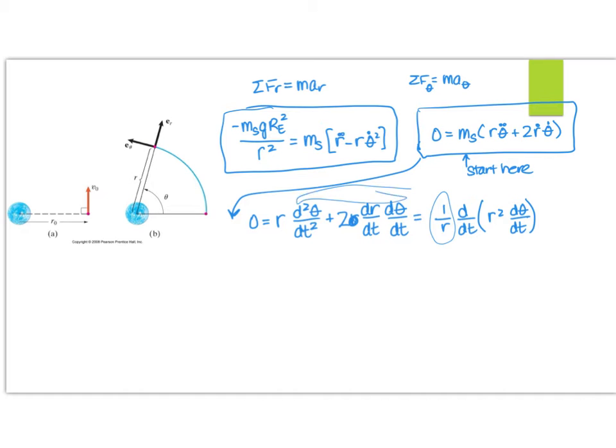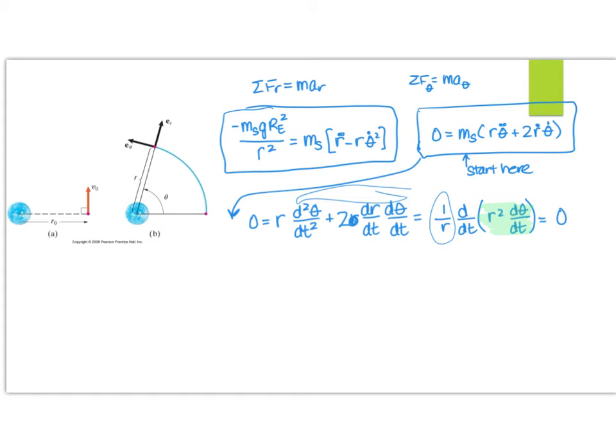And we're finding that this is equal to 0. What does that mean? If you take the time derivative of something and it's 0, it means it's a constant. So the material in the parentheses has to be a constant.